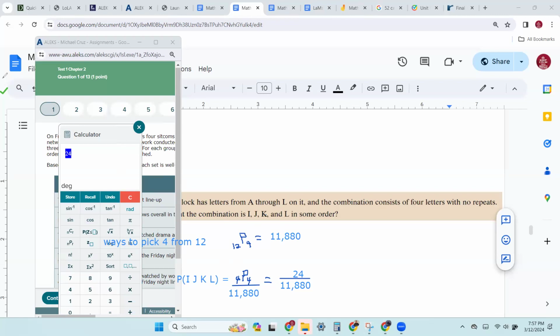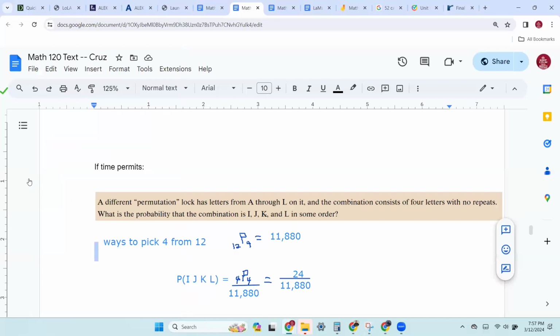Well, let me go ahead and do it, and then I'll say we'll round it to. So 24 divided by 11,880 would give us this. So let's round to the tenths, hundredths, thousandths. So the thousandths. So tenths, hundredths, thousandths. So 2 thousandths would be the probability of this if we limit those codes to just those 4 letters in some order.